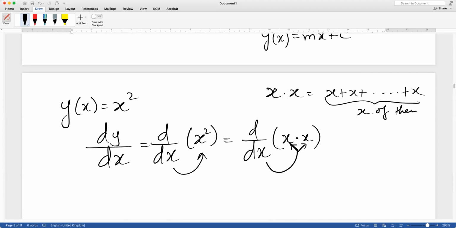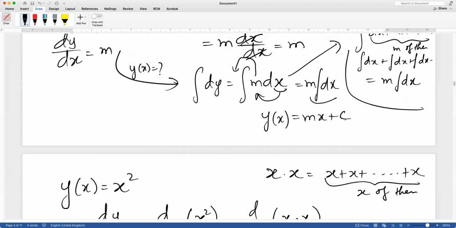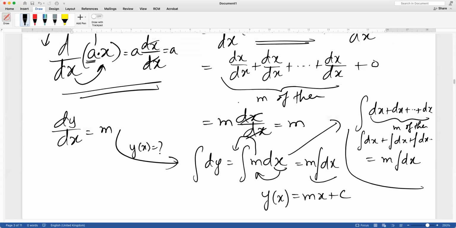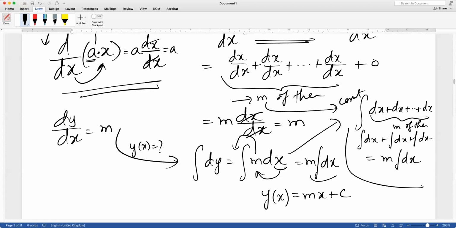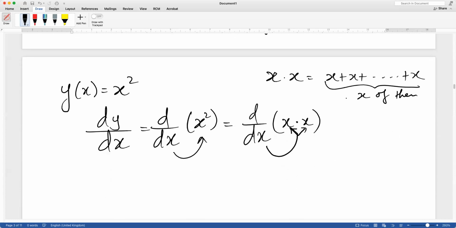In the previous case, the number of times the quantity was repeatedly added was a constant. That is the reason we could do that. But now the quantity which is repeatedly added is also related to our differentiating variable. The number of times it is getting added is also the differentiating variable. Do you get that? So we cannot take the x outside the integration.